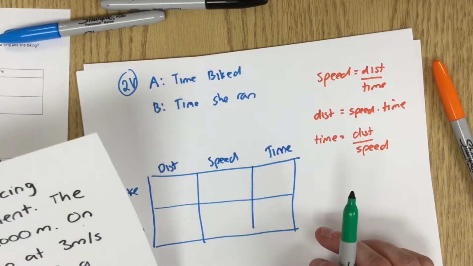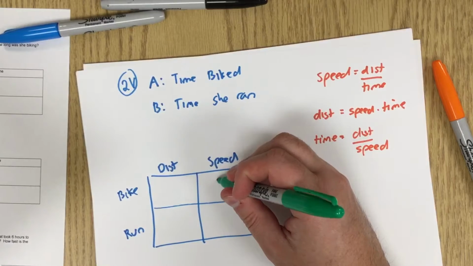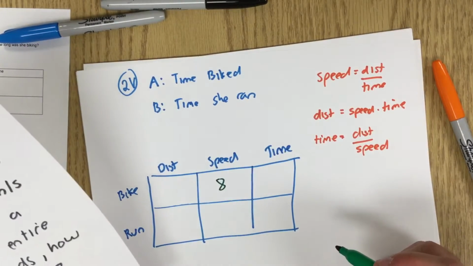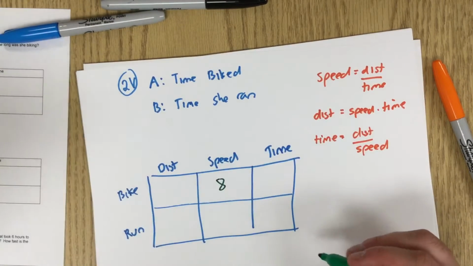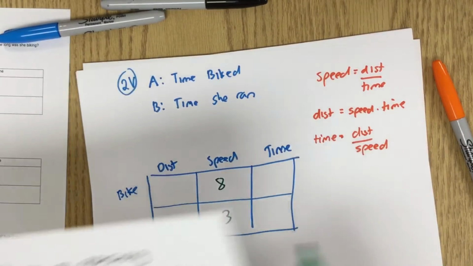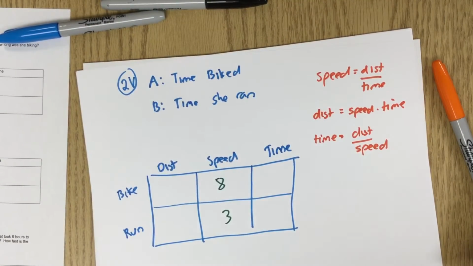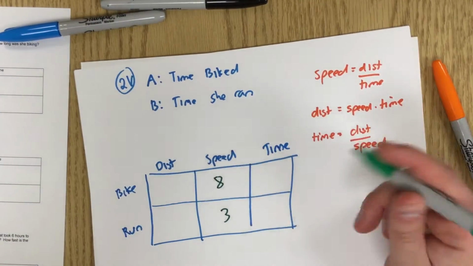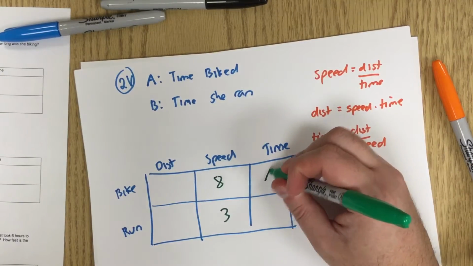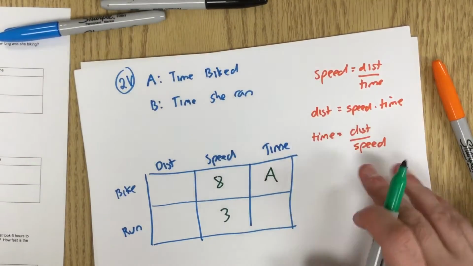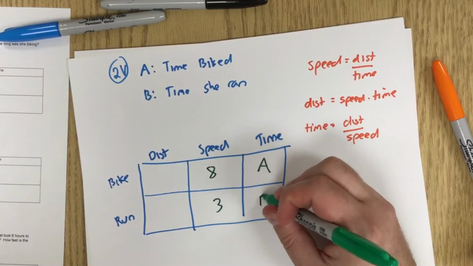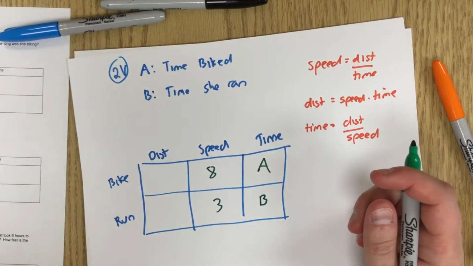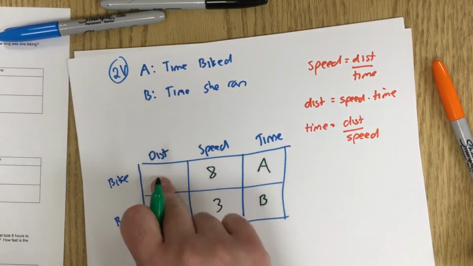People bike at 8 meters per second, and they run at 3 meters per second. And that's kind of fixed. Now the time biked is going to be A, because I defined it like that. And the time that we ran is going to be B, again, because we defined it like that. So we can calculate this.